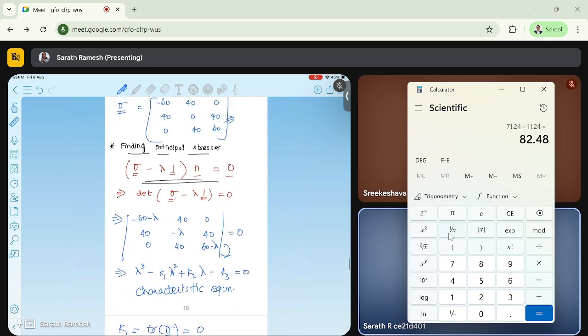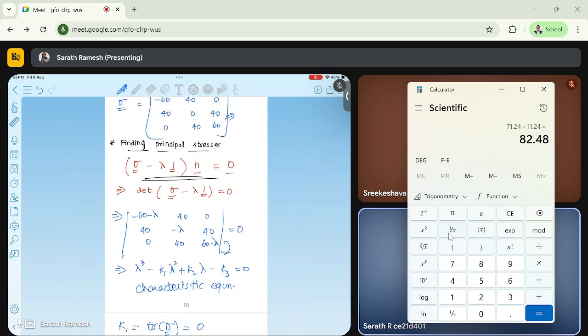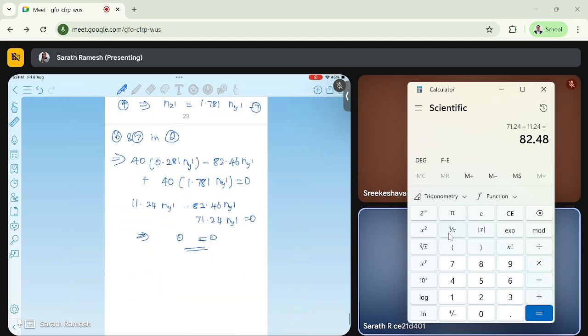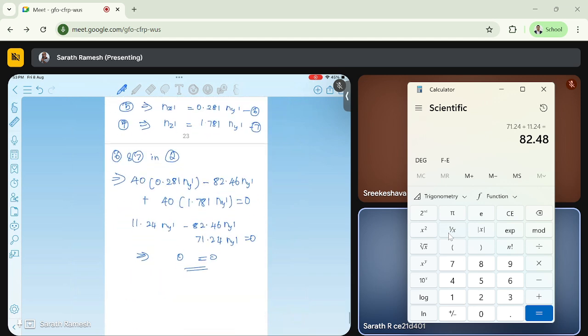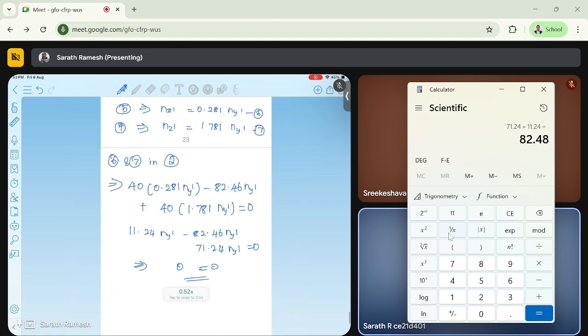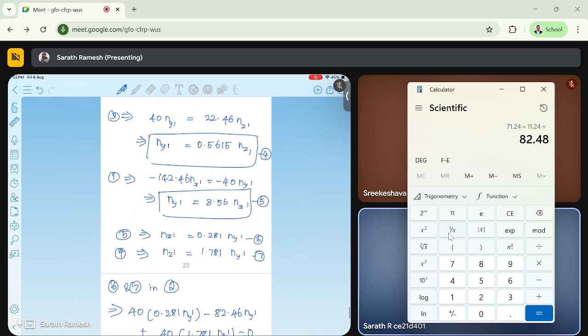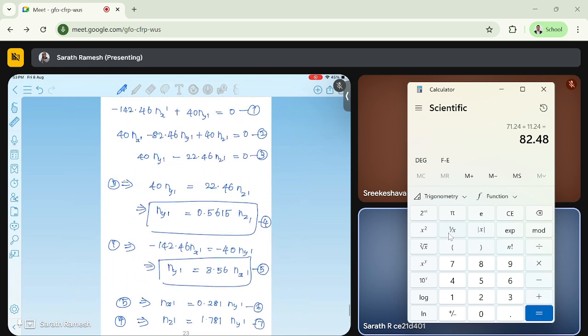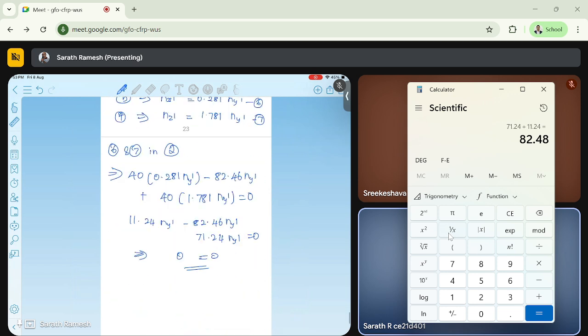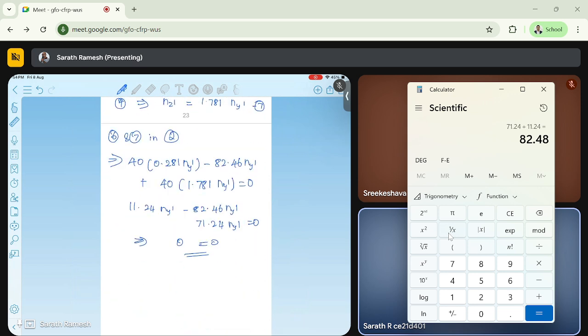So I have solved it this way so that we will know why we cannot solve this. If you try to solve this eigenvalue problem using only these three equations, no way we will get a unique solution. We'll usually end up with something like this. Out of these three equations, two are independent, one is dependent on the other two.